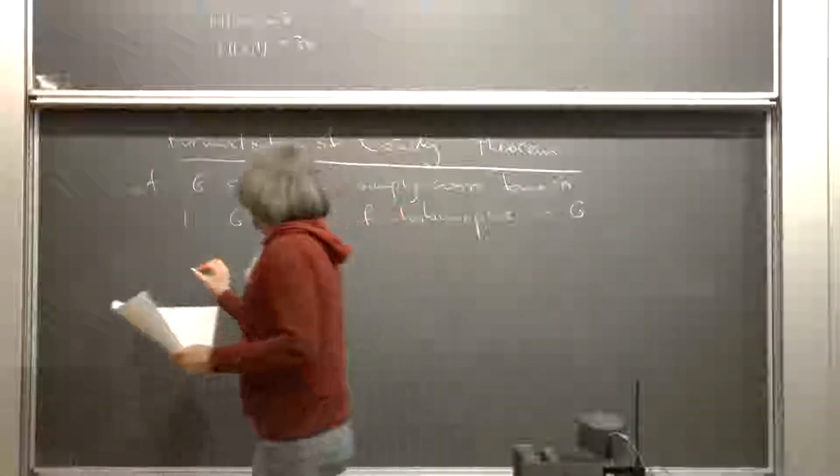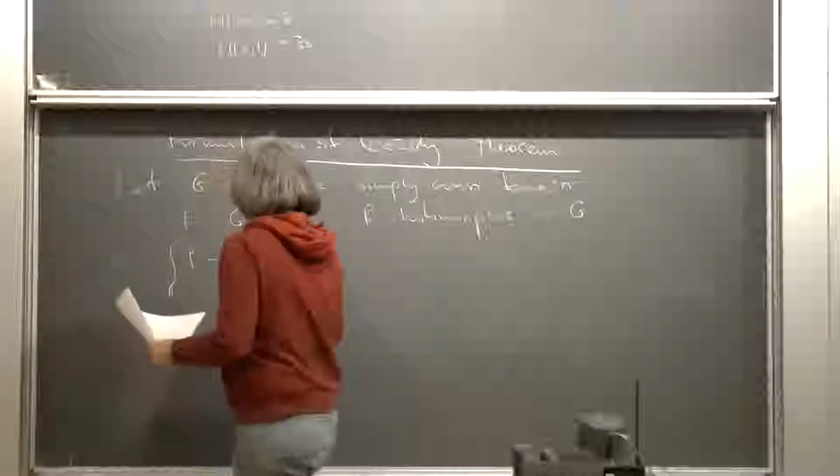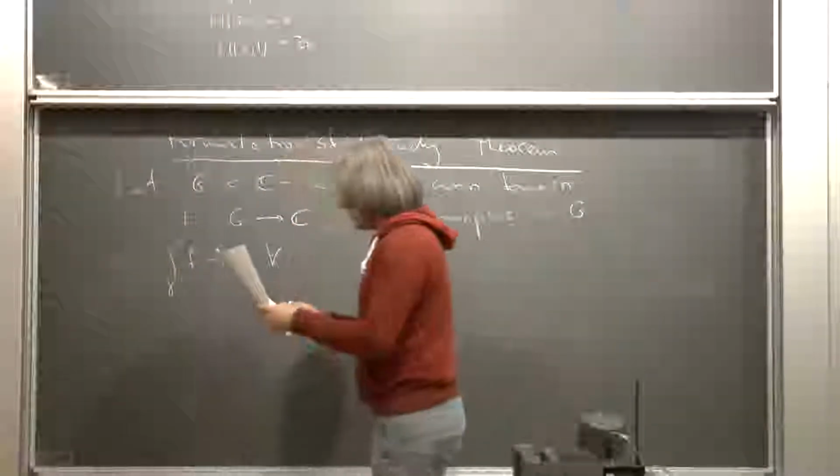Then the integral over gamma of f is 0 for any loop gamma.